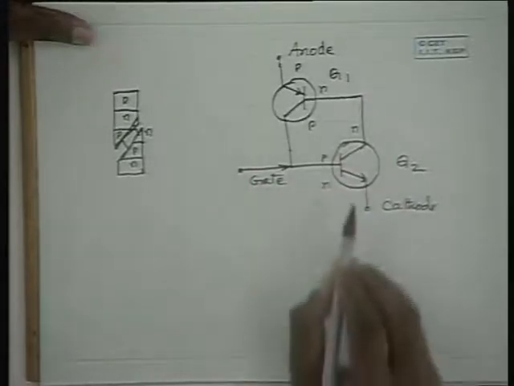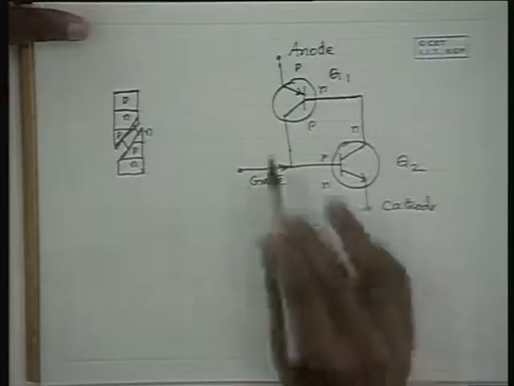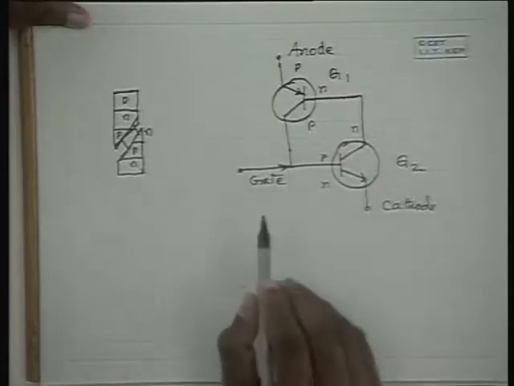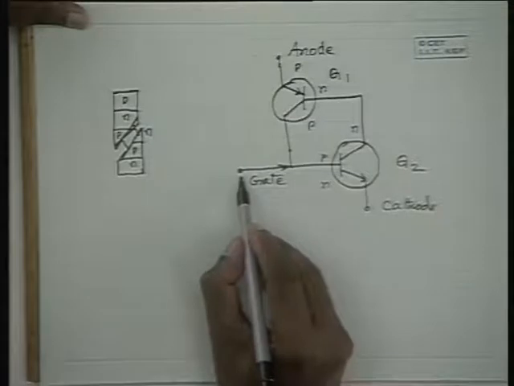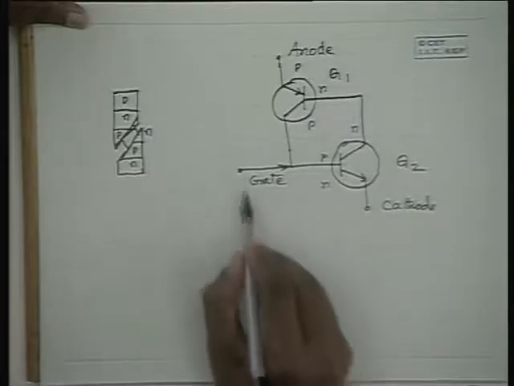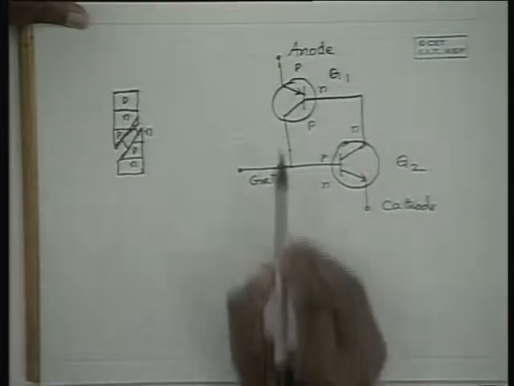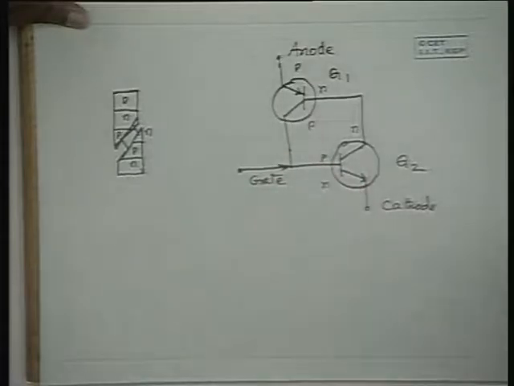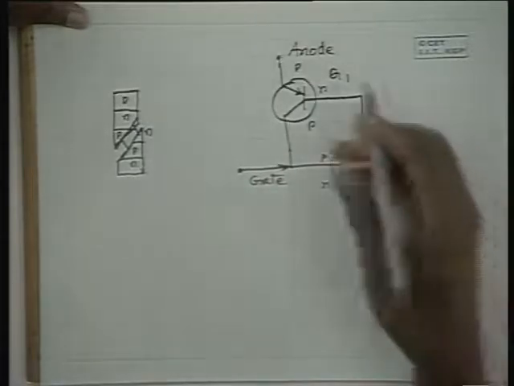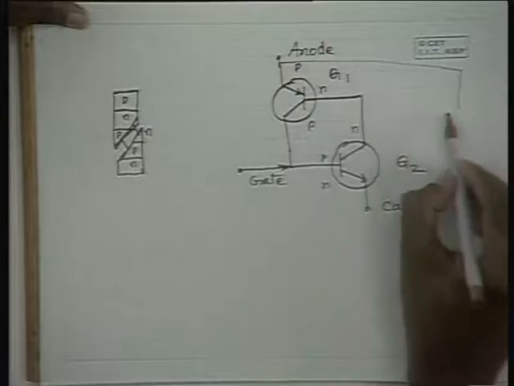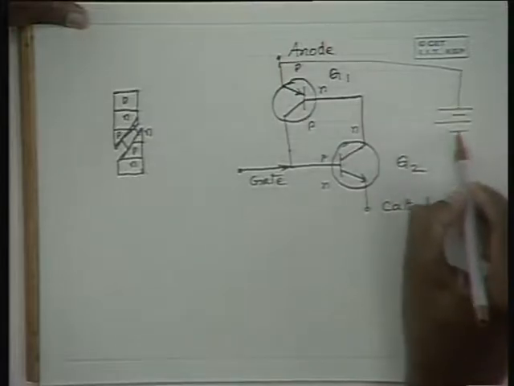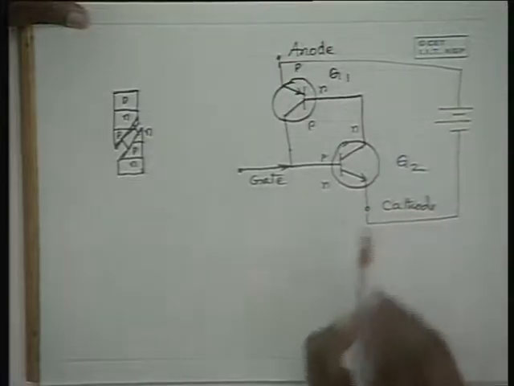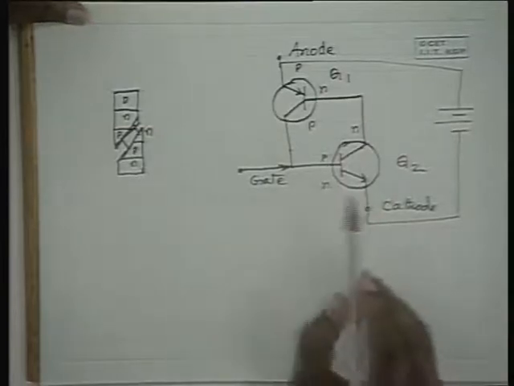Now, with the help of this diagram, we shall see how this circuit works. When the gate is open, if you apply some potential between the anode and the cathode, what happens?